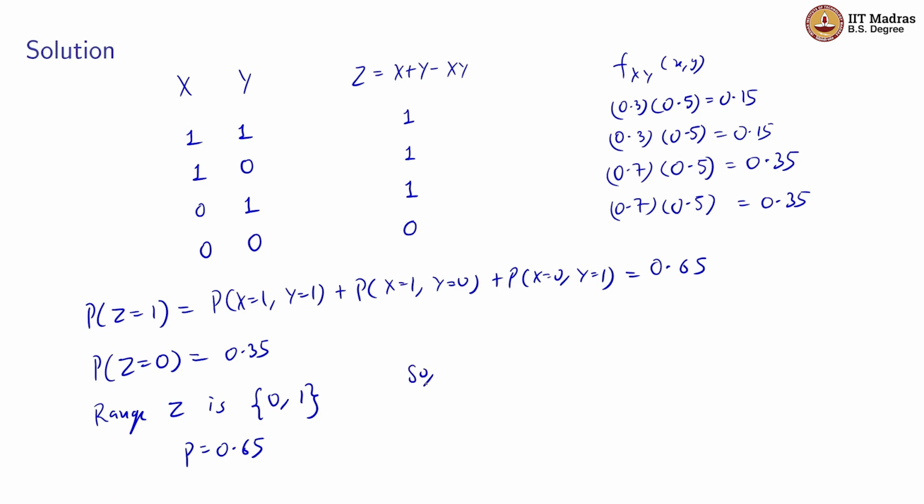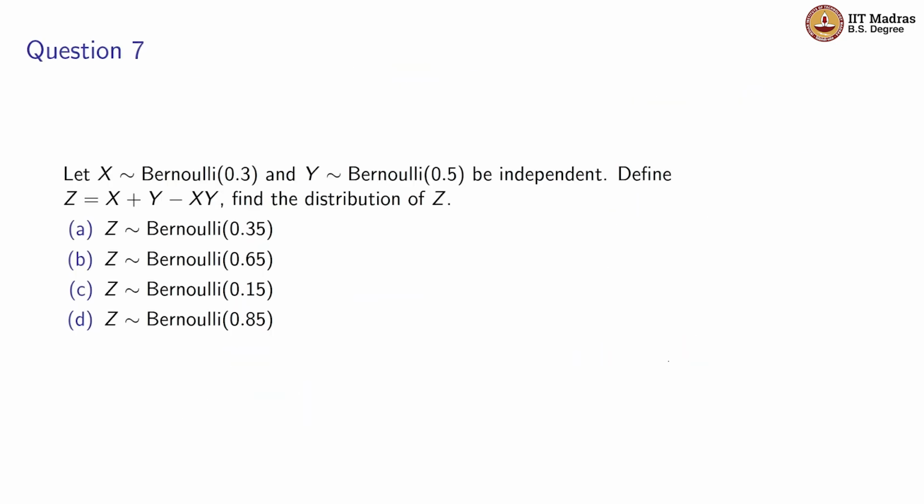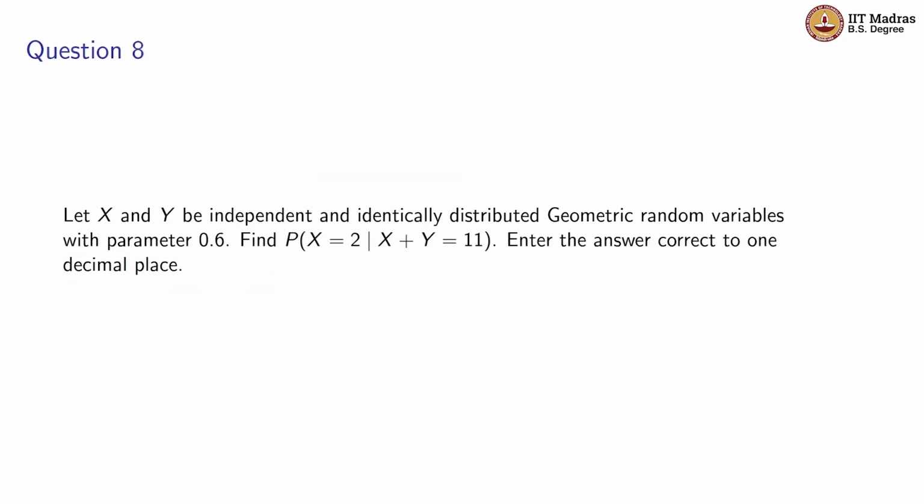So Z is following a Bernoulli distribution with parameter p equal to 0.65. So option B is correct. Option B is correct.